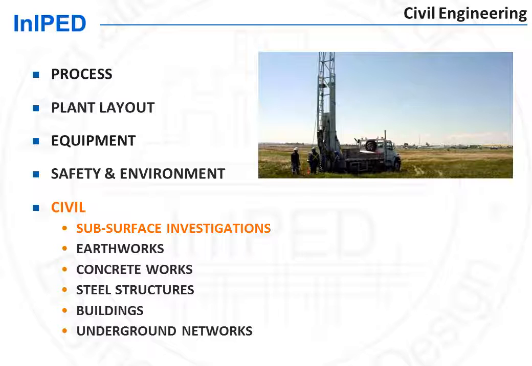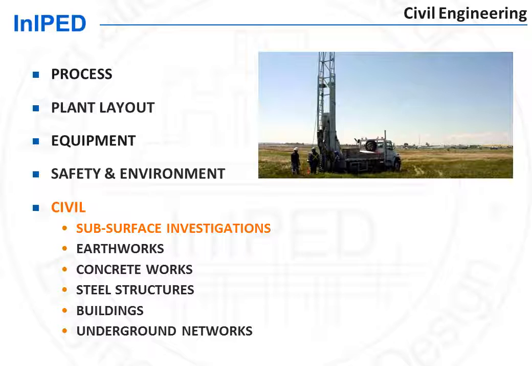Soil investigations include topographical, geological, geophysical survey, including collection and analysis of soil samples. The purpose is to obtain a good understanding of the soil characteristics and variability over the plant area.